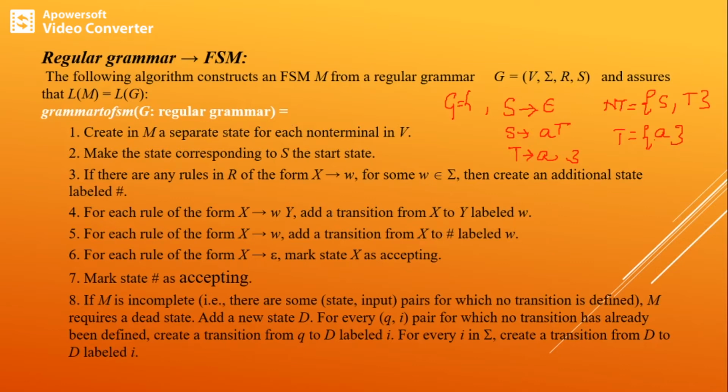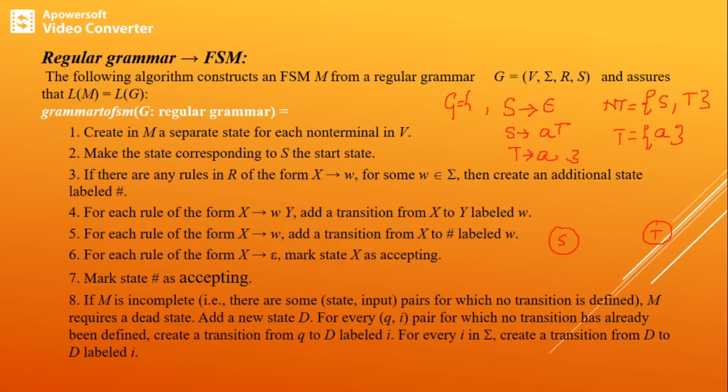Now create in M a separate state for each non-terminal in V. How many states do we have? We have only 2 states, because there are only 2 non-terminals: S and then T. Next, make the state corresponding to S the start state. What's the start state here?